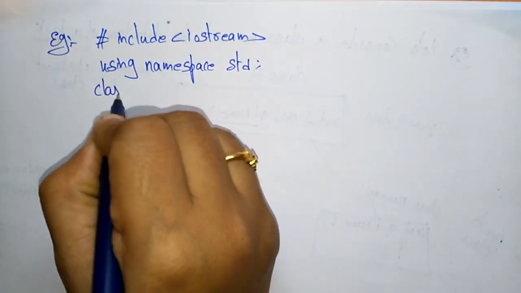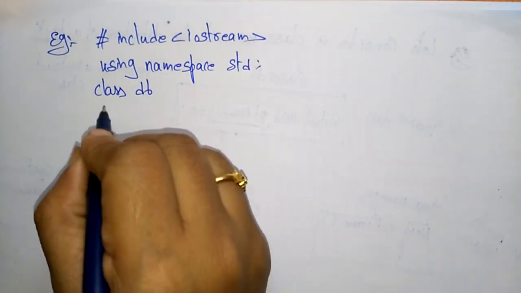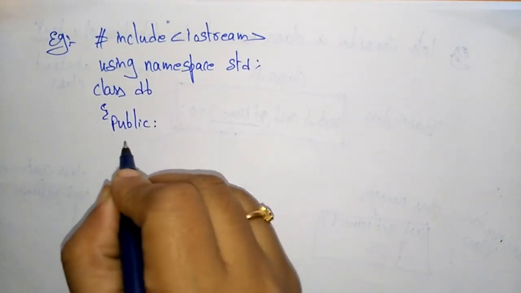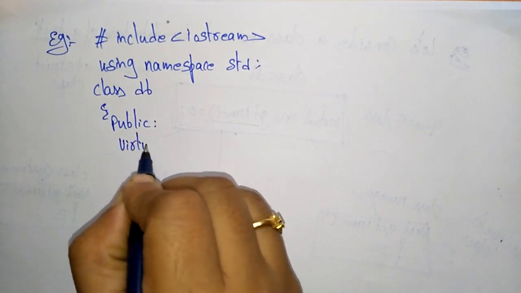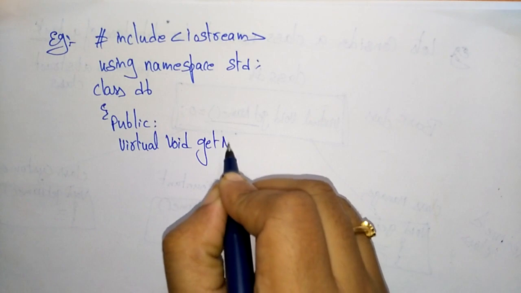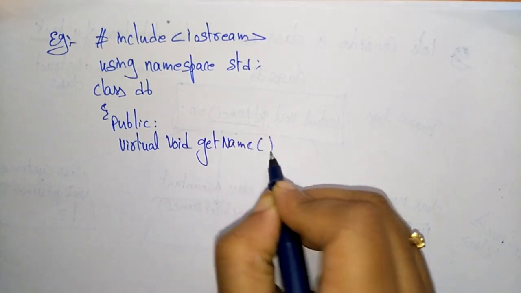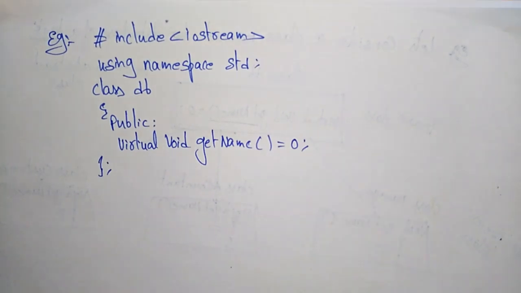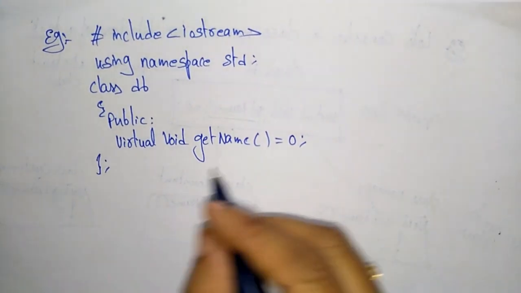Now first declare the base class, that is the class database with a virtual function. Public virtual void, the function name is getName, and that should be equal to 0. Whenever it is 0, then you can say it is a pure virtual function.